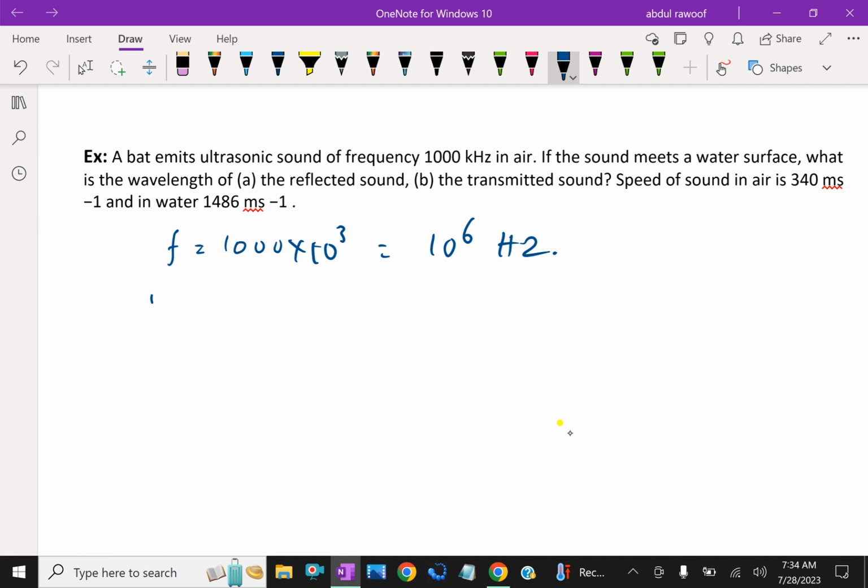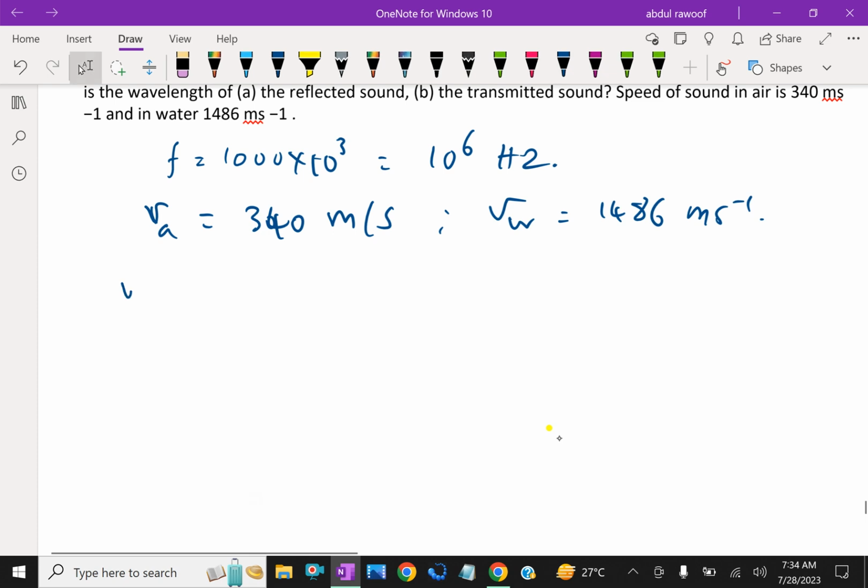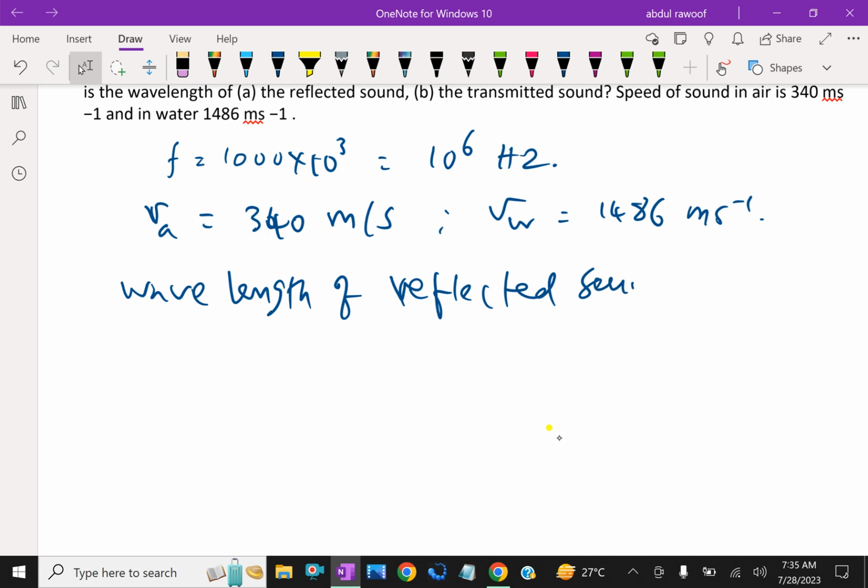Then velocity of sound in air V_A equal 340 meter per second and velocity of sound in water equal 1486 meter per second. Wavelength of reflected sound equal, now we know that velocity equal to f lambda, so wavelength lambda equal to v over f.